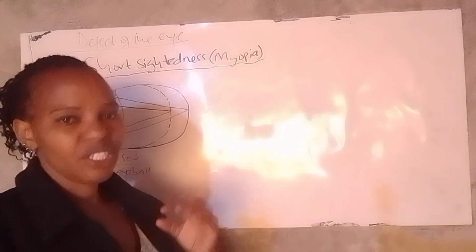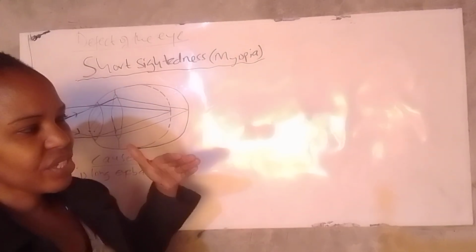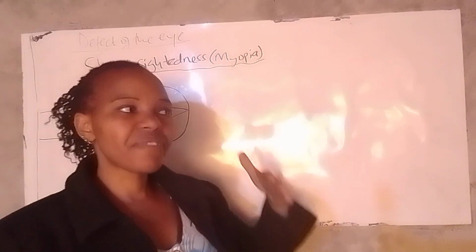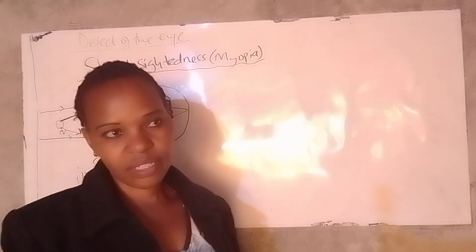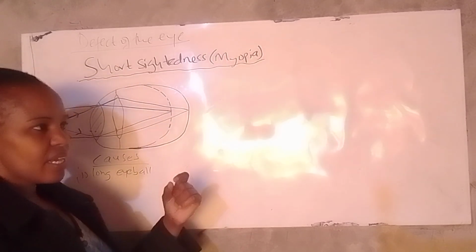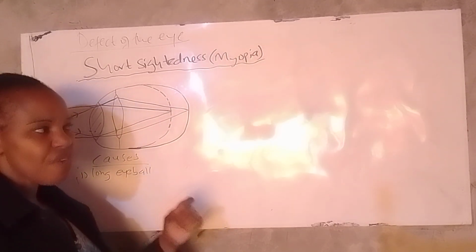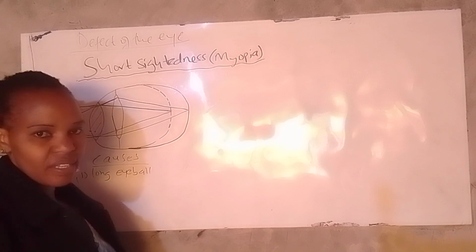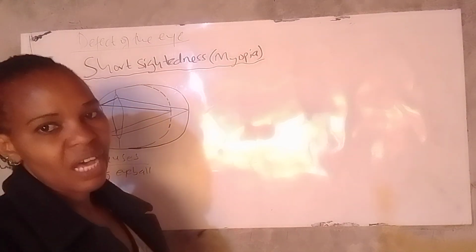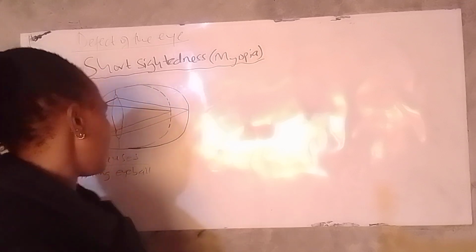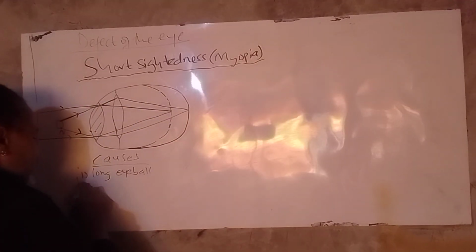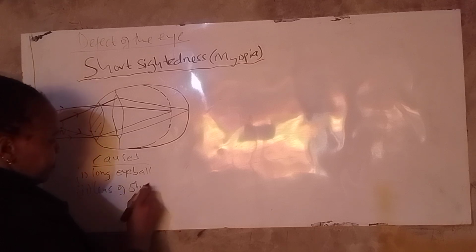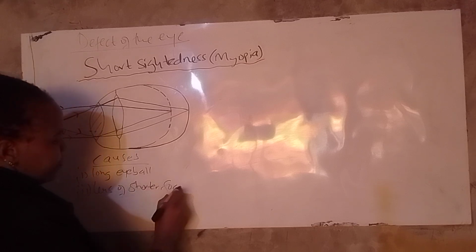When the focal length is short, it means this lens is refracting rays so much that the refracted rays converge in front of the retina. So either way, the person will not be able to observe those objects that are far. So the other cause could be a lens of shorter focal length.